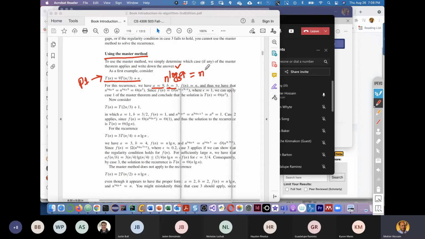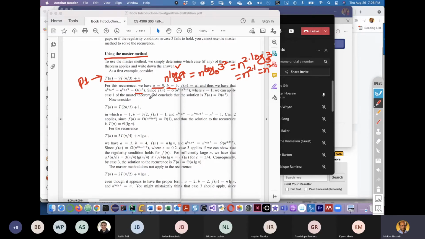We can write n to the power log base 3 of 3 squared, then the 2 comes out: n to the power 2 times log base 3 of 3. This value is 1, so 2 times 1, equal to n squared.